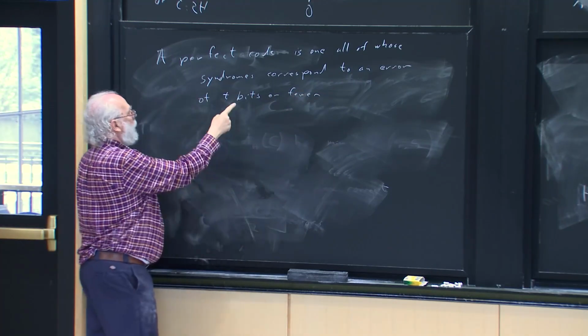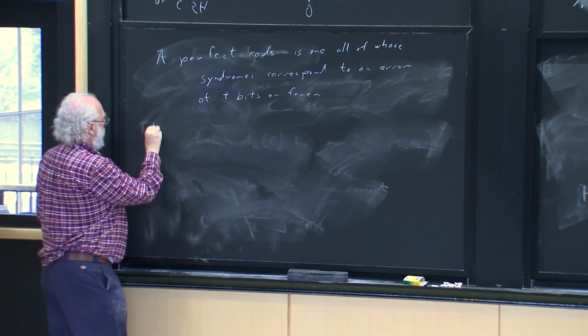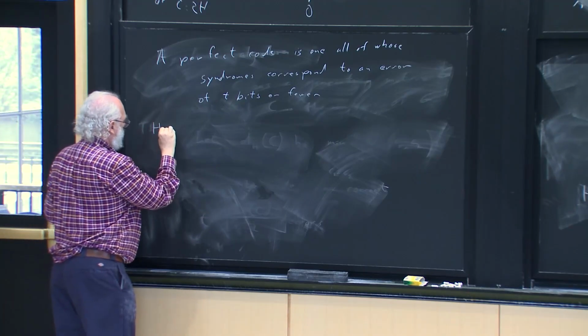If it's a t error-correcting perfect code, all its syndromes correspond. So the Hamming codes are perfect codes.